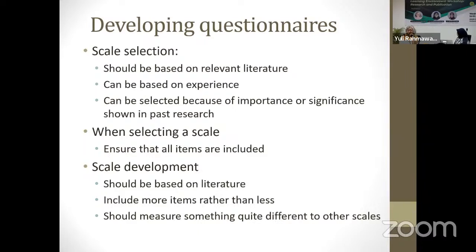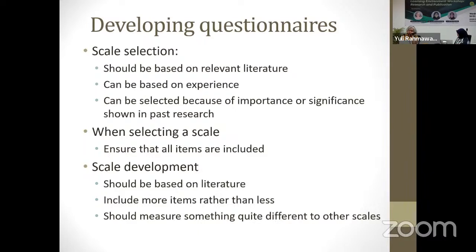When selecting a scale, ensure that all items are included, because if you start cutting down on the items, that may impede the reliability of that scale. And if you want to develop your own scale, it should be based on literature.